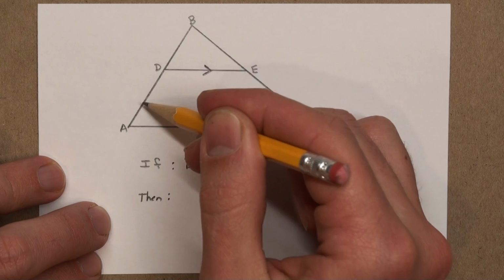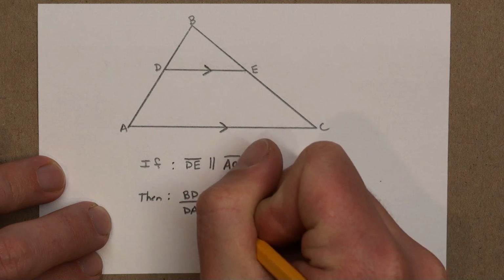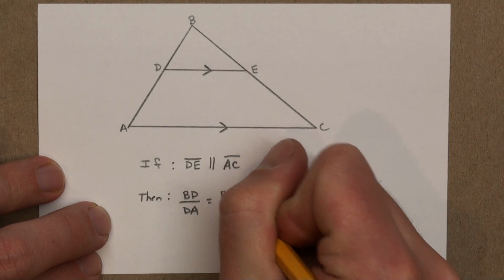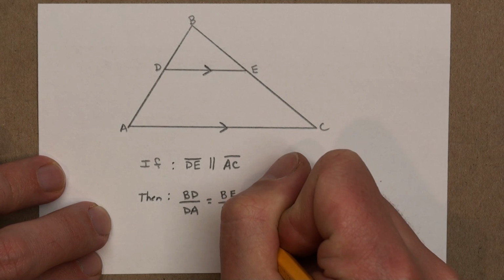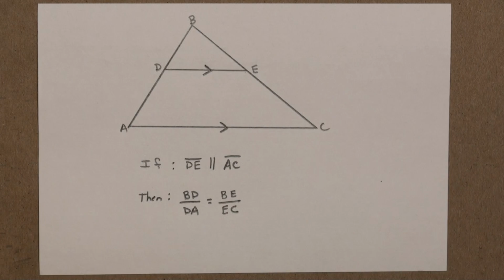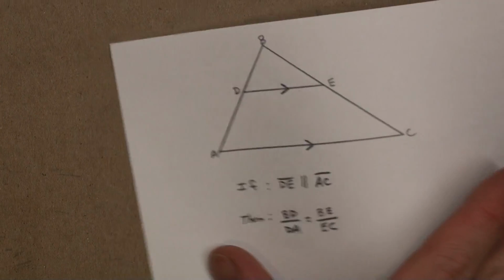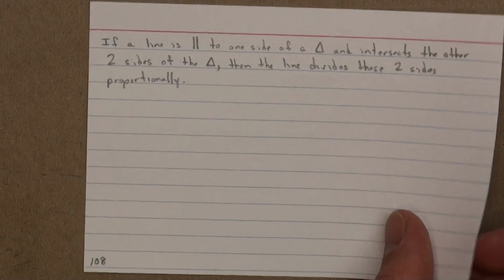So then BD over DA is equal to BE over EC. And that can help us solve all types of problems, which you'll see plenty of in the weeks to come. But you must understand that theorem. So let's put that one aside. And now we can talk about what's called mean proportionality and the mean proportionality theorems. So this would be 109.